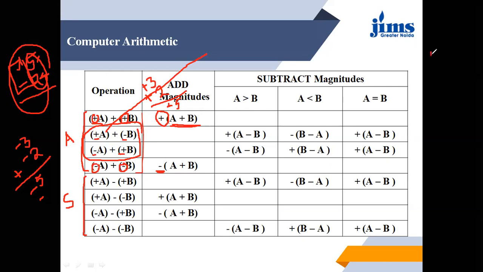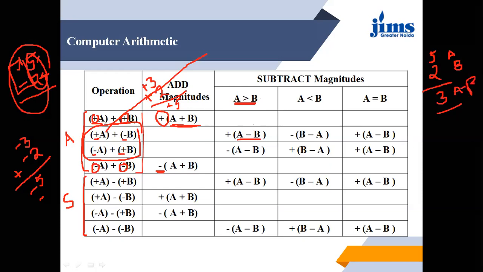Here 5 has the greater magnitude and 2 the lesser, so 5 is greater than 2. Suppose this is A and this is B. When A is greater than B, we perform A minus B.